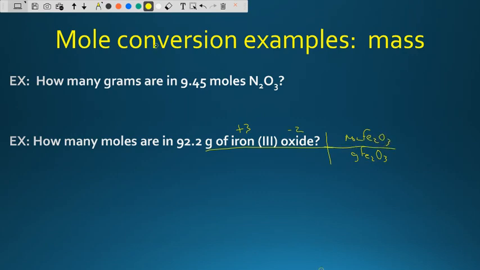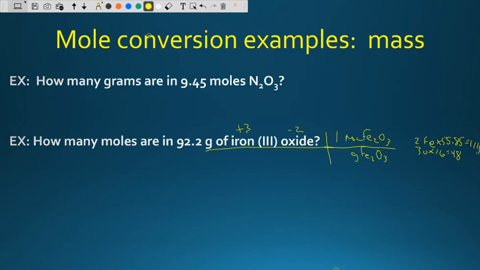And I want to know how many moles. So notice that the grams are going to cancel out. And so the question is, 1 mole is going to be equivalent to what's the formula mass? So 2 irons, and I have 3 oxygens, and we've already said this is 16, so that's 48. The mass of each individual iron is going to be 55.85. And now here we're going to have to slow down a little bit to make sure we're getting all of our values in there.